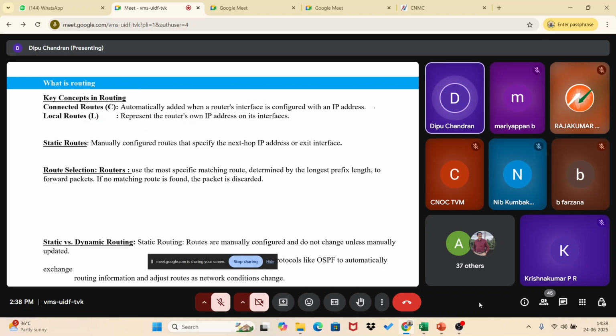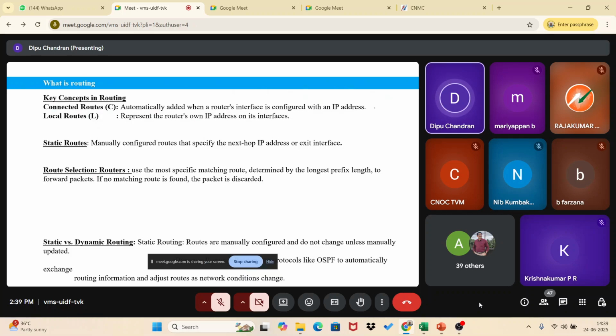Then in that BTS, anytime you log in, there will be a static route also. Your management IP will always be given as a static route, to 0.0.0.0/0, which forwards to some interface. The route given statically by you yourself says that if this IP comes, it has to move to that port.